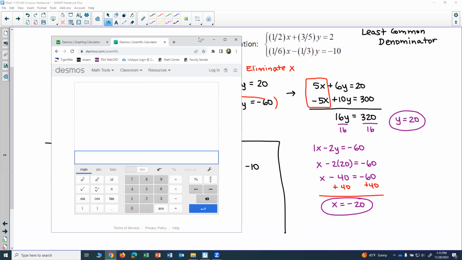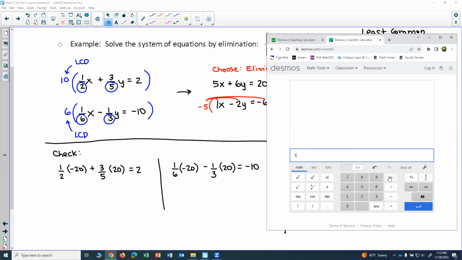So I'll pull up my calculator and plug those in. I'll get 1/2 times negative 20, plus 3 divided by 5 times positive 20, and that equals 2. So that one checks out.